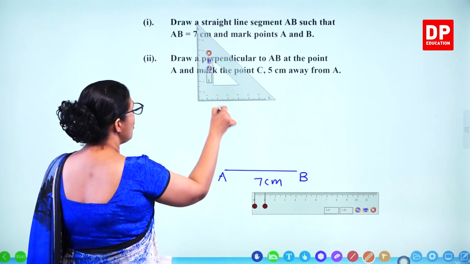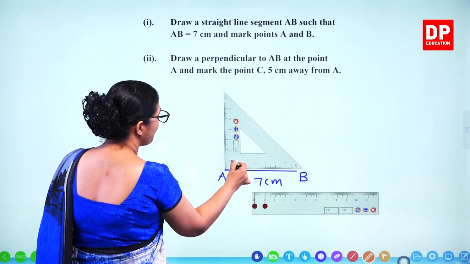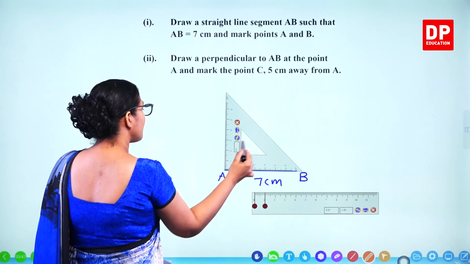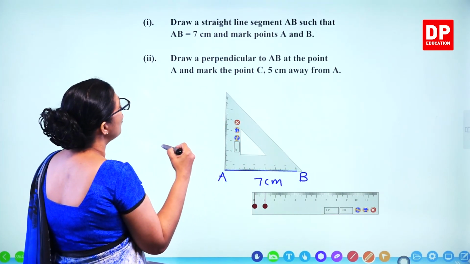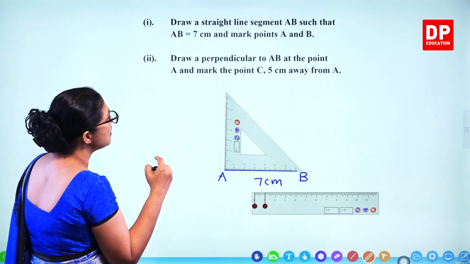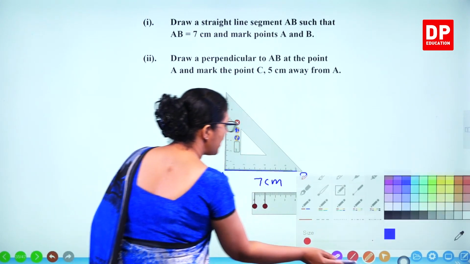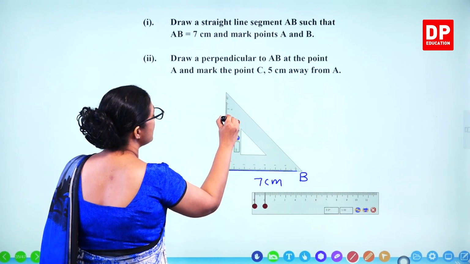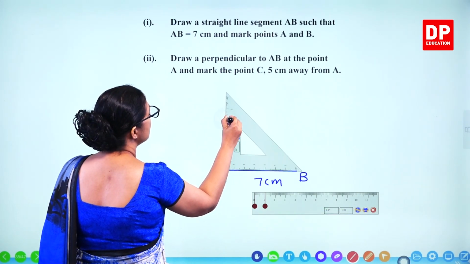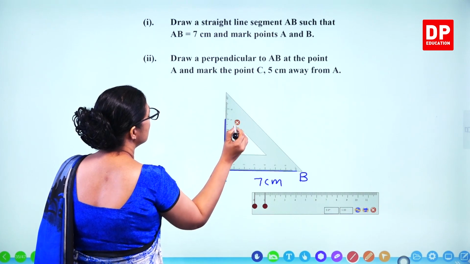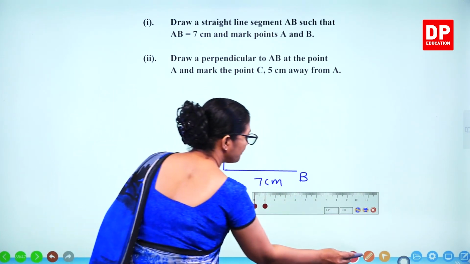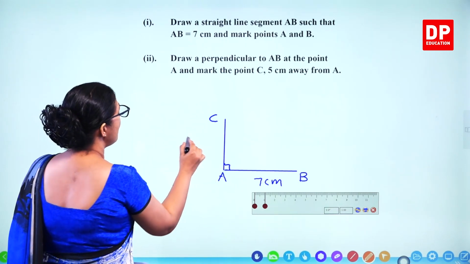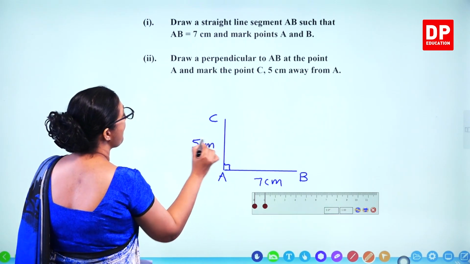So you take the set square, keep it on top of this line, and you can draw the perpendicular and 5 centimeters away from A. So 5 centimeters away from this, you can mark the C point. This is C and this is perpendicular, 5 centimeters.